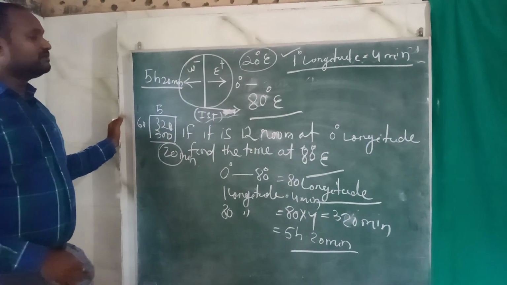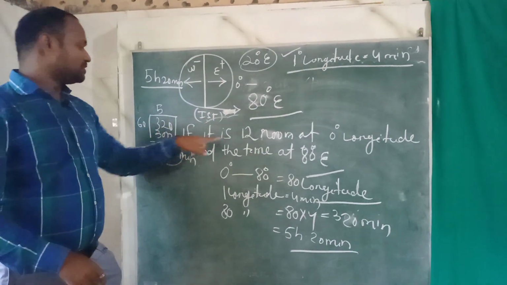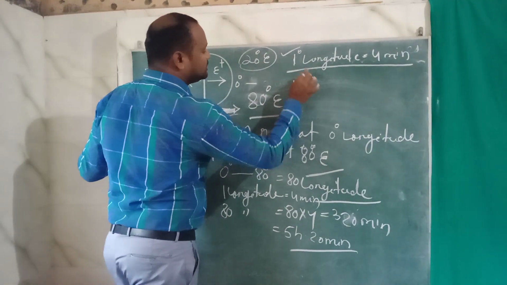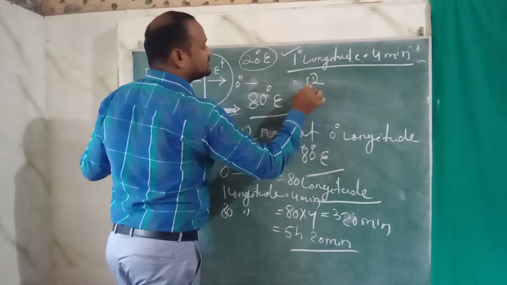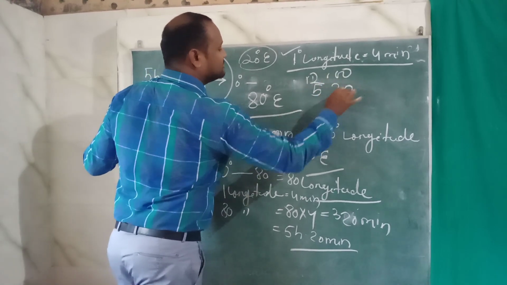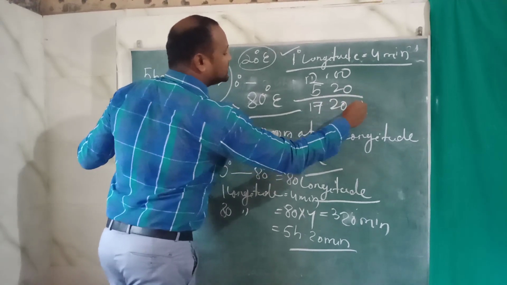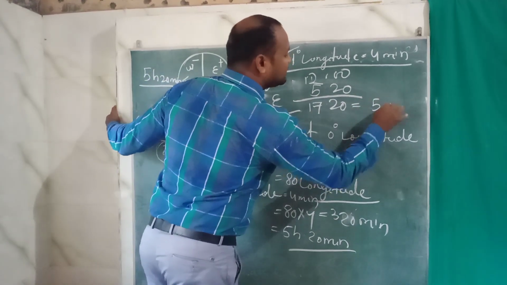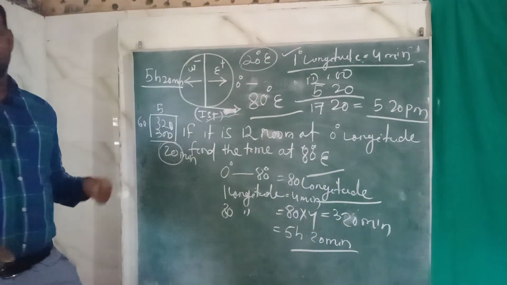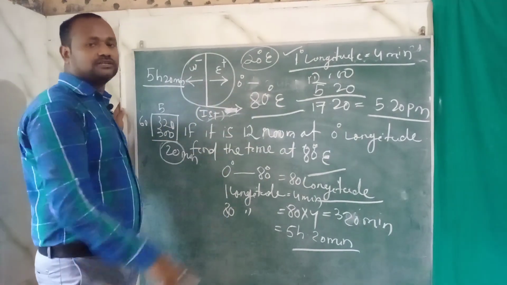Then what is the time at IST? It is 12 noon. So 12 noon plus 5:20 is equal to 17:20, which is 5:20 p.m. If you know the conversion of timing, you can get it easily.